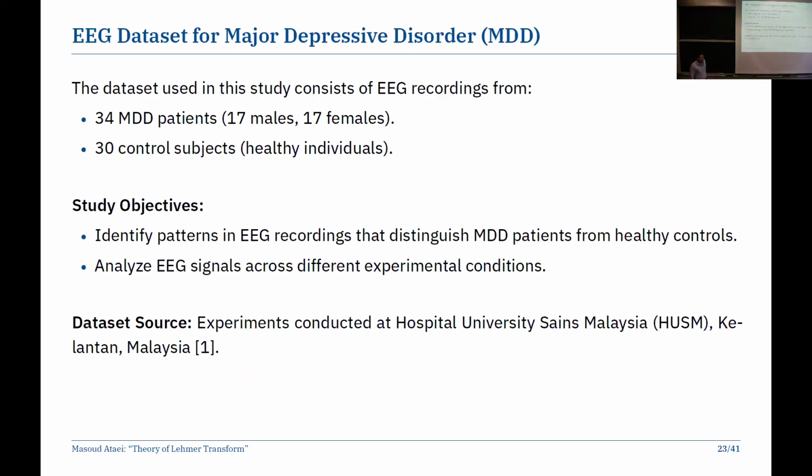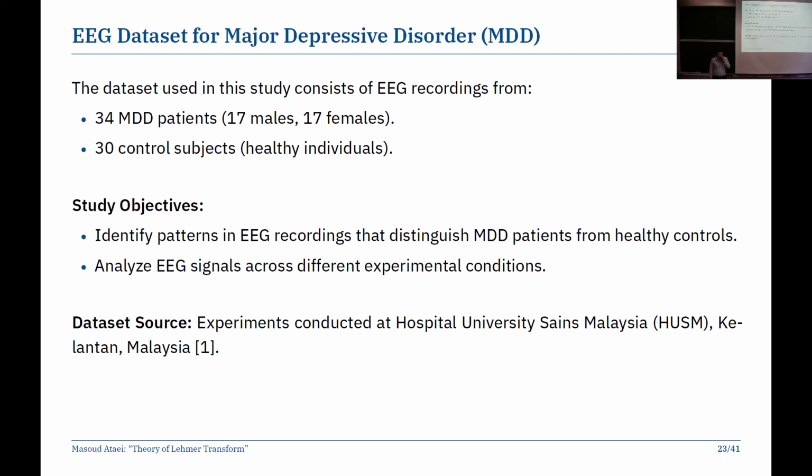The data set that we considered in this study contains 34 diagnosed subjects with major depressive disorder, 17 of whom are males and the other 17 are females. We also have 30 healthy controls which are used in the study.